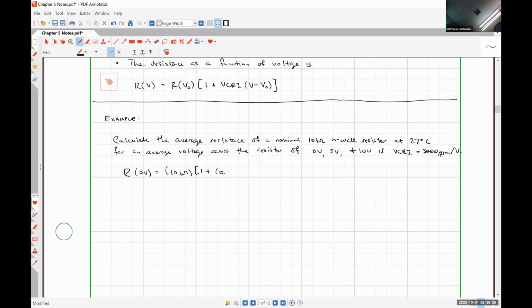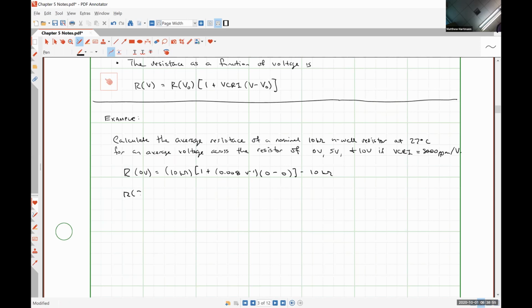All right, so let's see, 8,000 parts per million is 8 parts per thousand. And that has units of per volt multiplied by our change in average voltage, gives us 10 kilo ohm. Nothing crazy there.